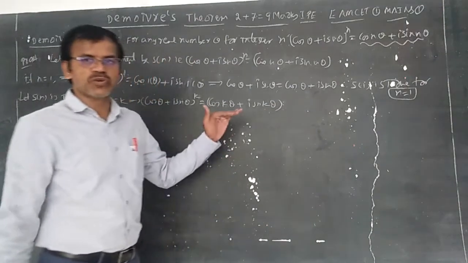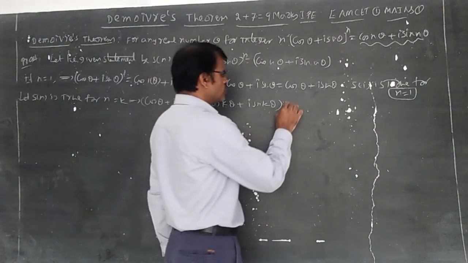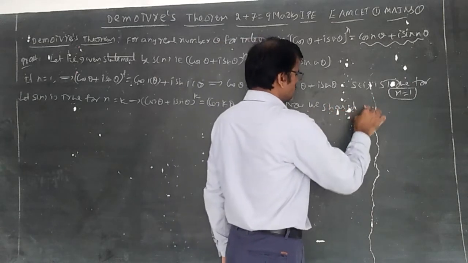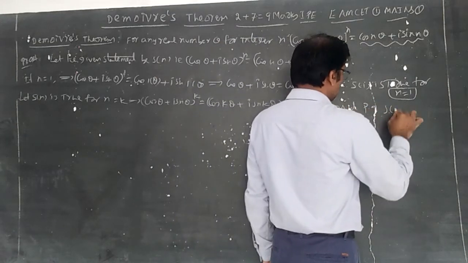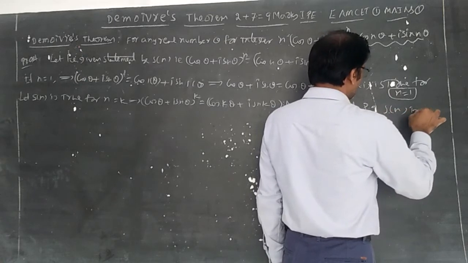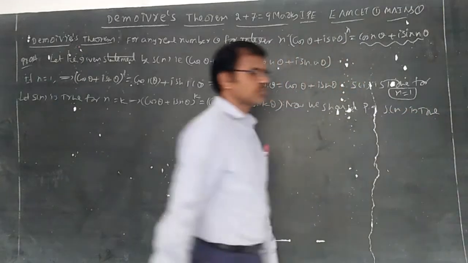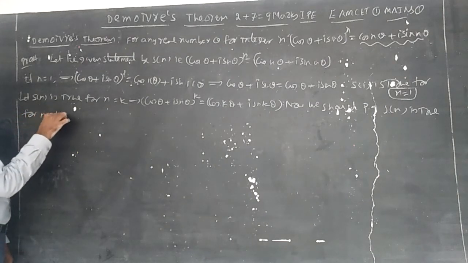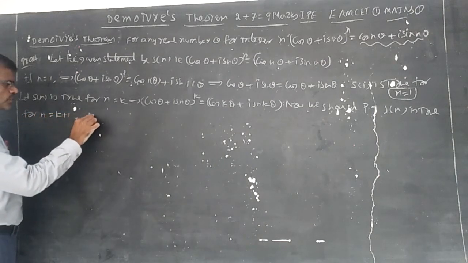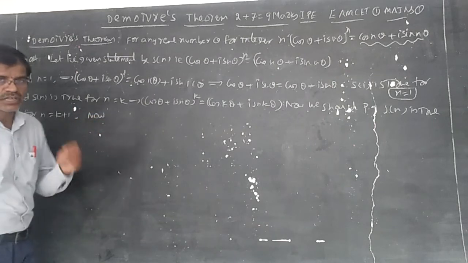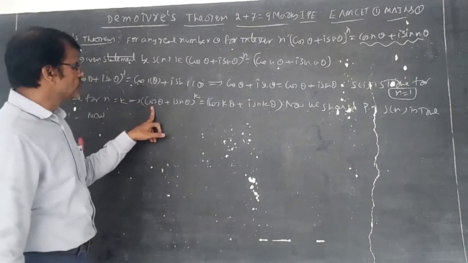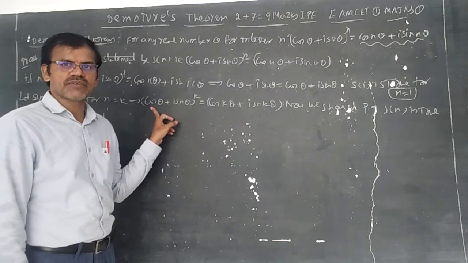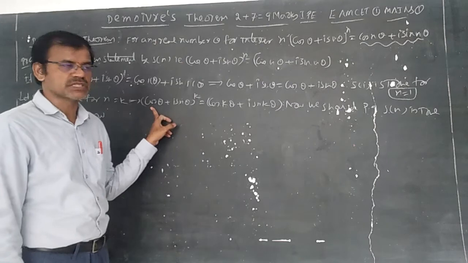Now we should prove that Sn is true for n equal to k plus 1. That is, (cos theta plus i sin theta) whole power k plus 1 is equal to cos of (k plus 1) theta plus i sin of (k plus 1) theta.